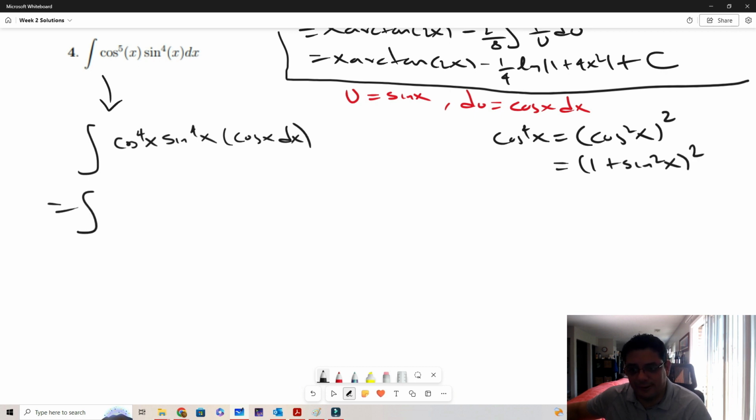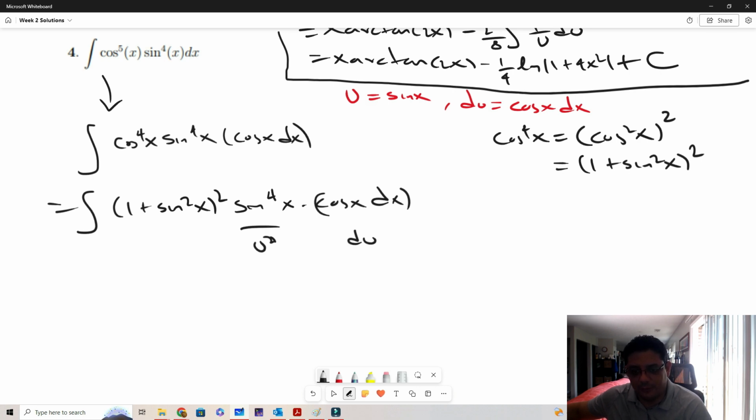So I can see this as 1 minus sine square squared times sine to the 4 of x times cosine of x dx. And so now this will be du, this will be u to the 4th, and this will be 1 minus u square squared. And so that's going to be my new integral.